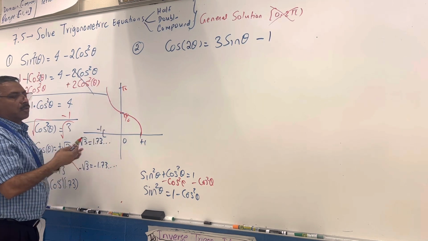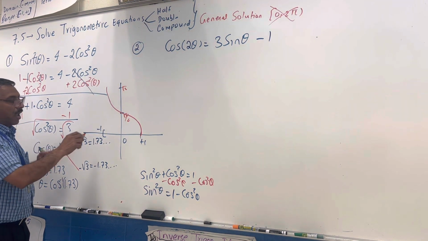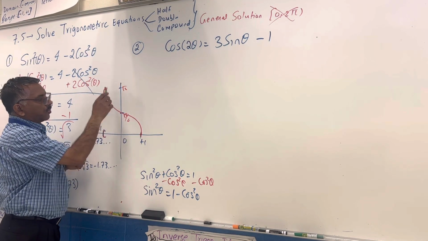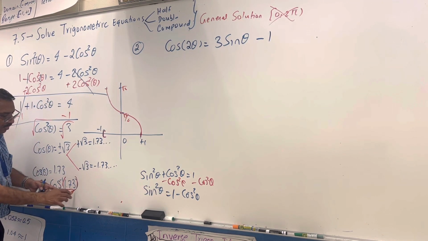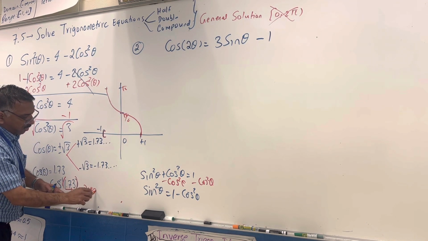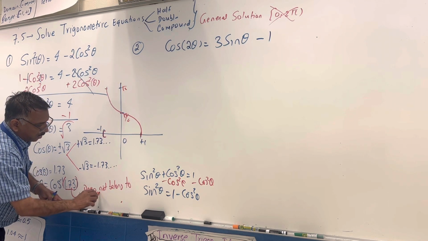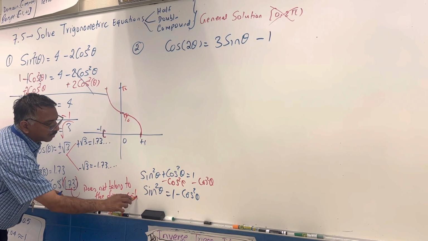So the domain for cosine inverse has to be from minus 1 to plus 1, and the range is 0 to pi. So you can't have this number. So this does not belong to the domain of cosine inverse of x.